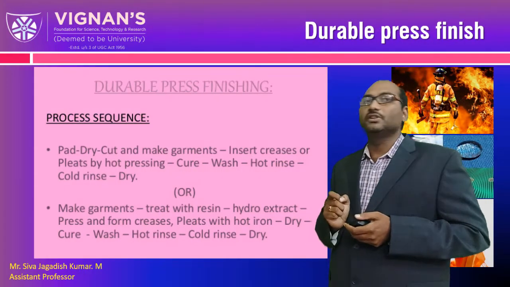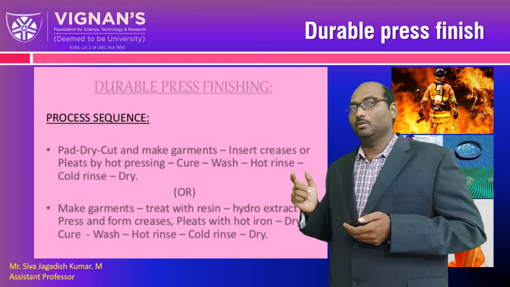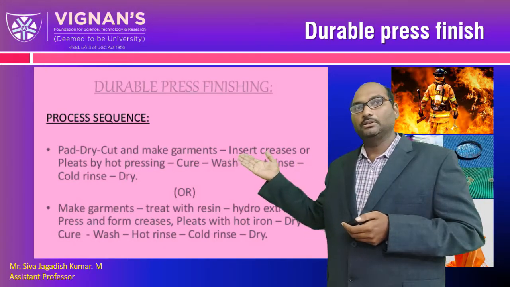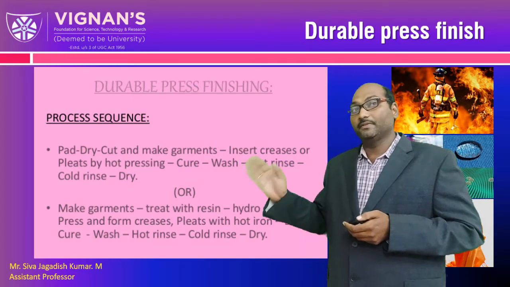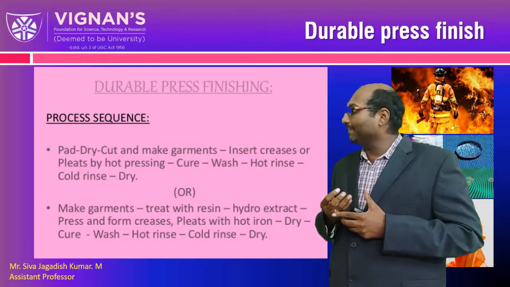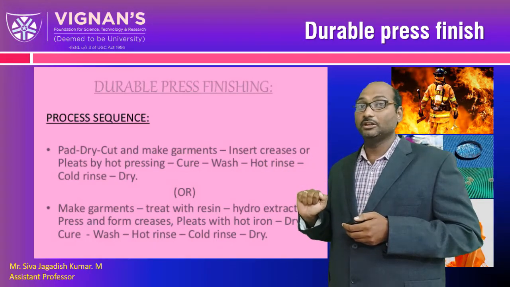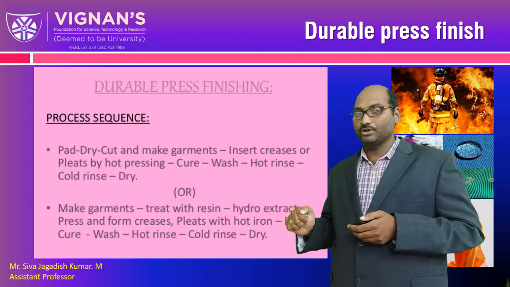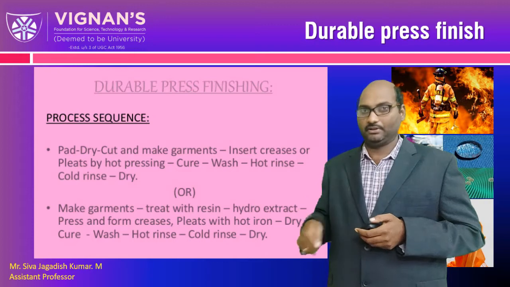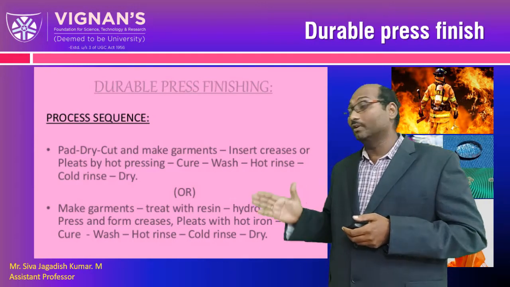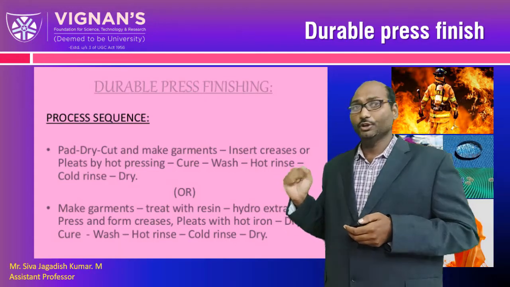So the process sequence, in the case of fabric, is padding and drying. That is the fabric. This fabric is cut and made into garments, and creases or pleats are inserted by means of hot pressing. Then it will go for curing.